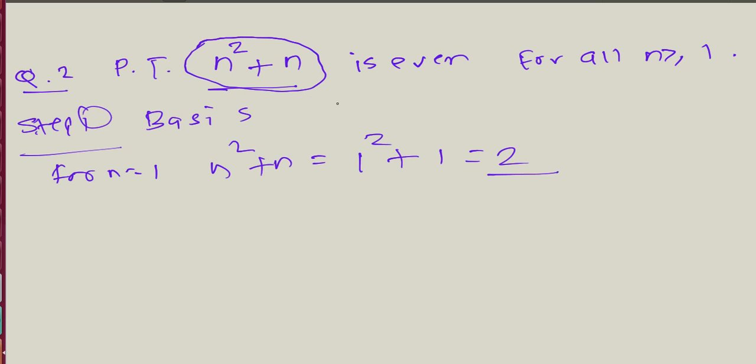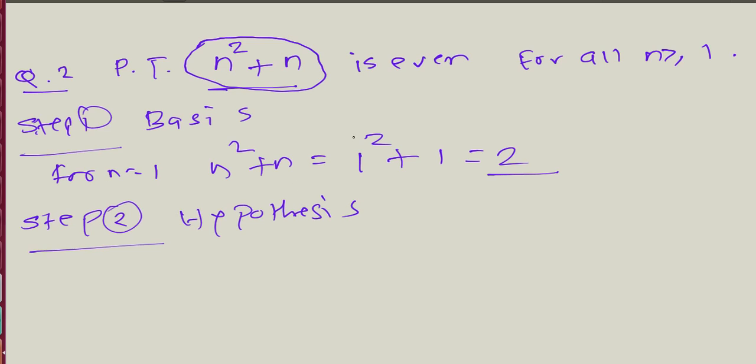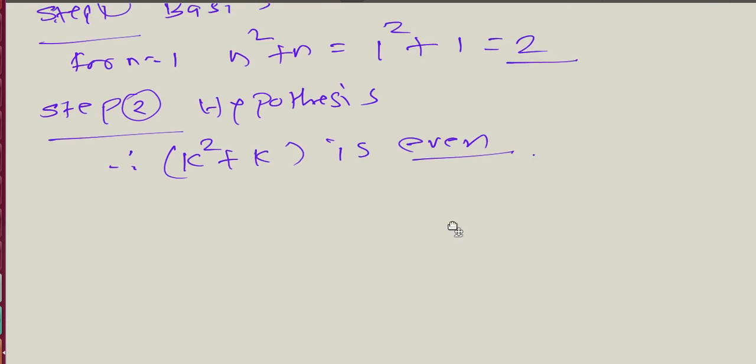That's why the theorem is true for the base case. So step 2 is the hypothesis step. In this, we assume that this theorem is true for some k. Therefore, k square plus k is even, right? Next, in the induction step, we prove that the theorem is true for k plus 1.